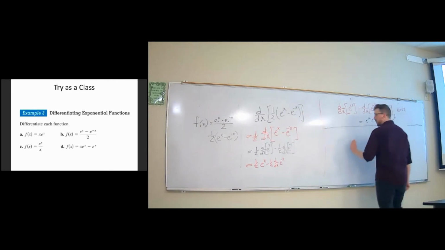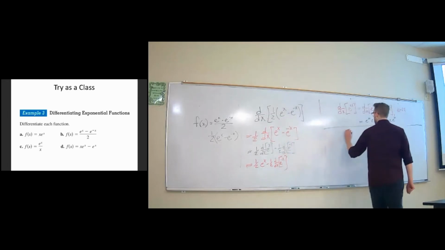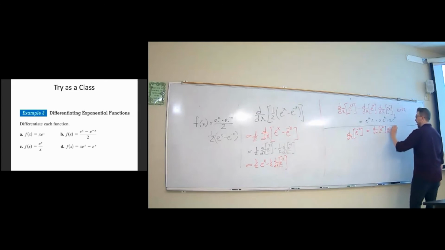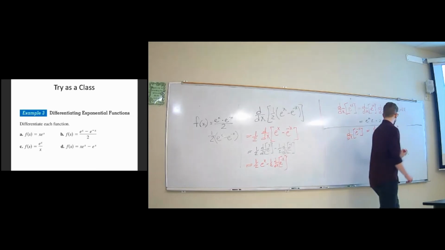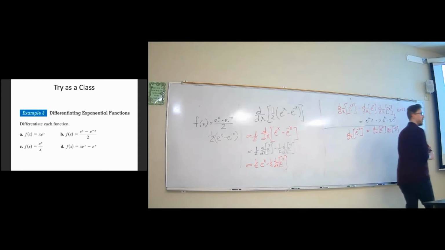What you're going to have is d dx of e to the negative x. This thing is equal to d du of e to the u times d dx of negative x, where u is equal to negative x. Agreed?